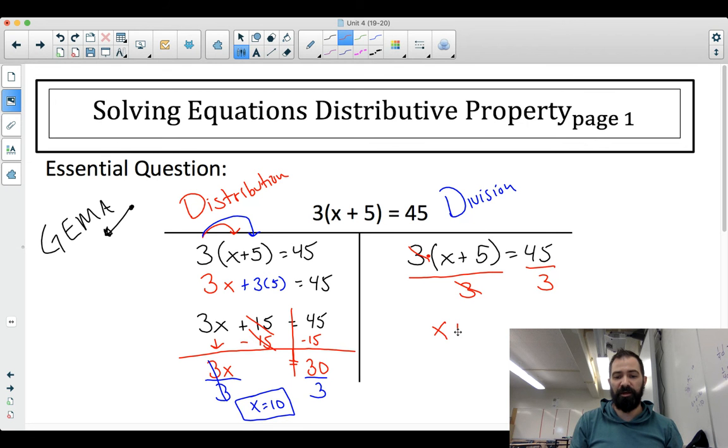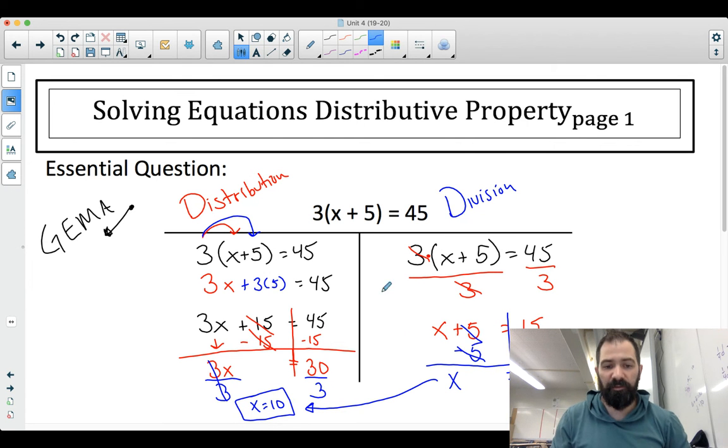We're left with x plus 5, and that's going to equal 45 divided by 3, which is 15. When we do that, now we have a one-step equation. We're going to do the opposite of plus 5, which is minus 5. We do that to both sides. We're left with x, inverse property. 15 minus 5 is 10. As you notice, same answer.